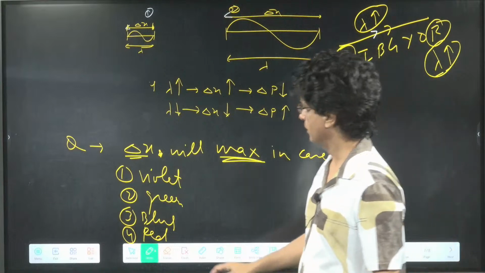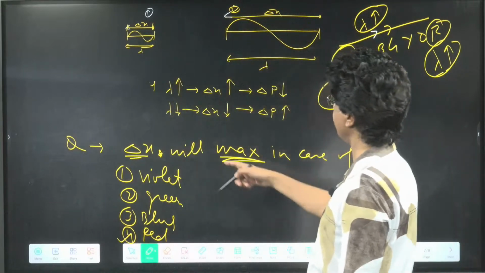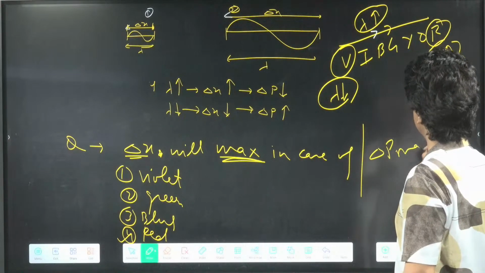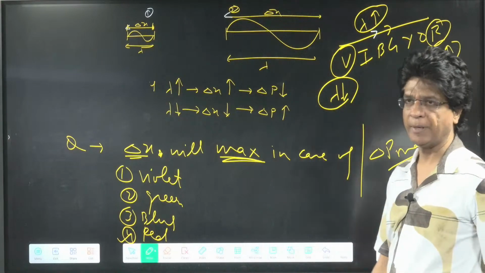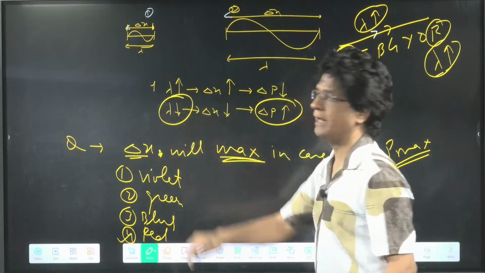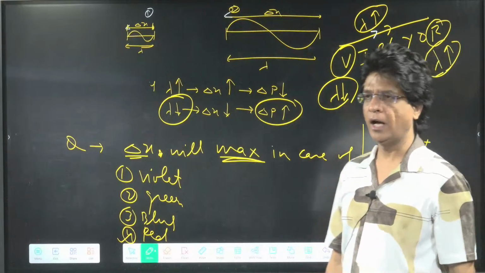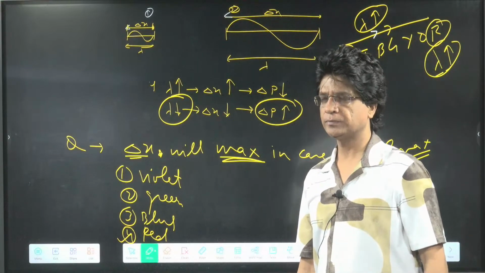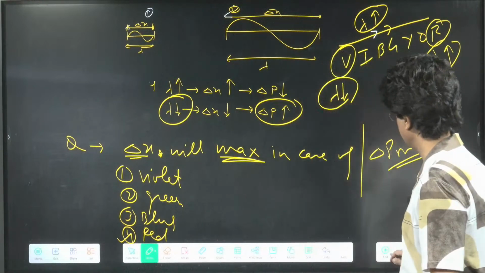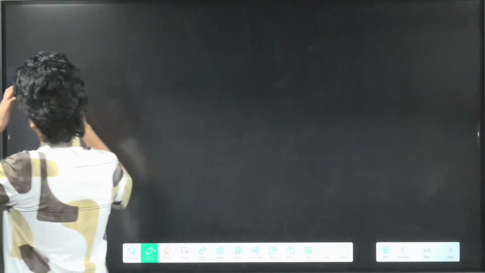So it should be red. And if I say that delta p is maximum, then you should use lesser lambda. Answer will be violet. Yes or no? Good. Very good. Great.